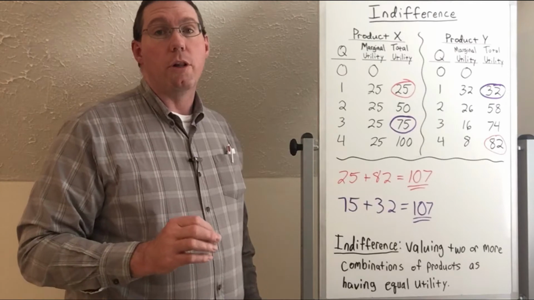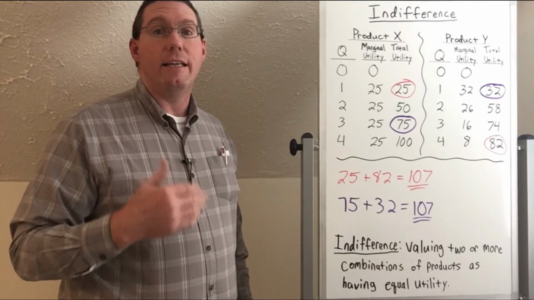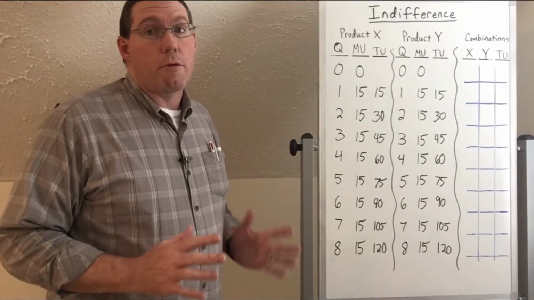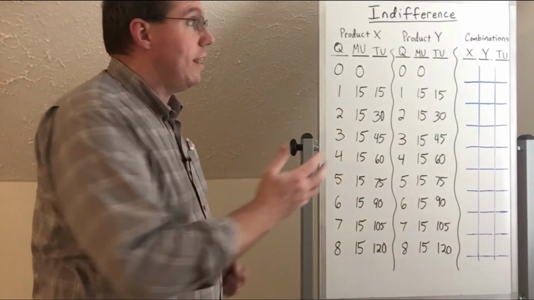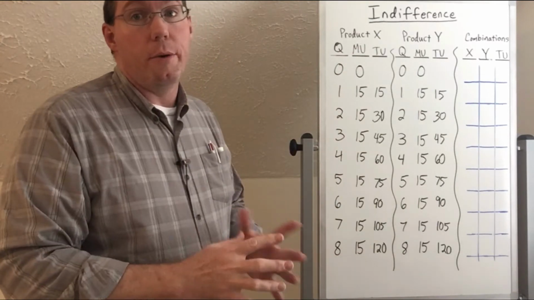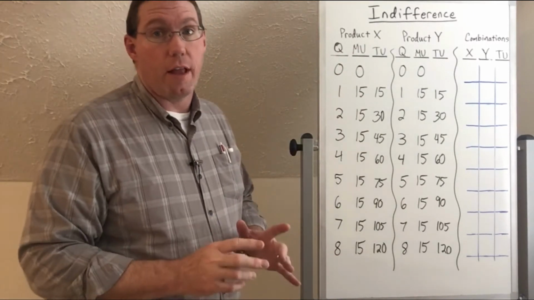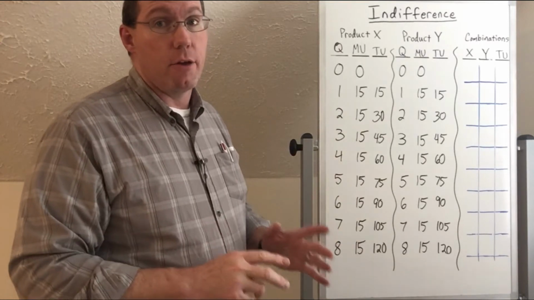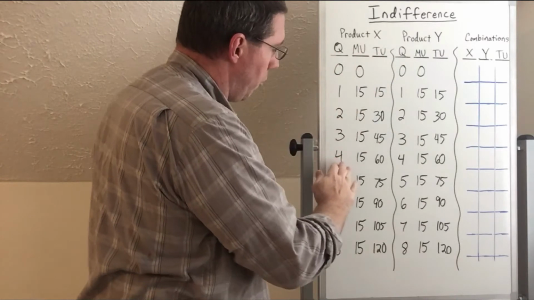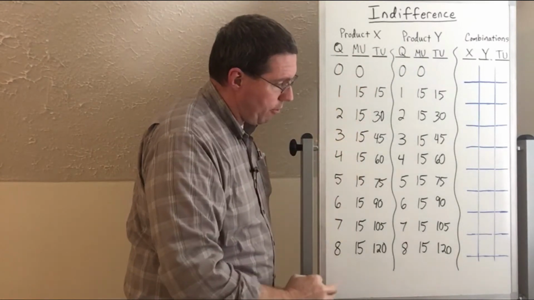And now what we're going to do is we're going to look at an idea called an indifference line. All right, so we're going to do an example so that you can get an idea of what indifference looks like graphically. Because what we're trying to do here is get a graphical understanding of how to maximize utility. So we have both of our products. Instead of only going up to 4 units, we've gone all the way up to 8 units on both of them.